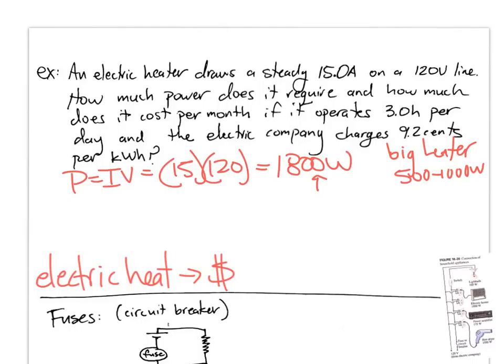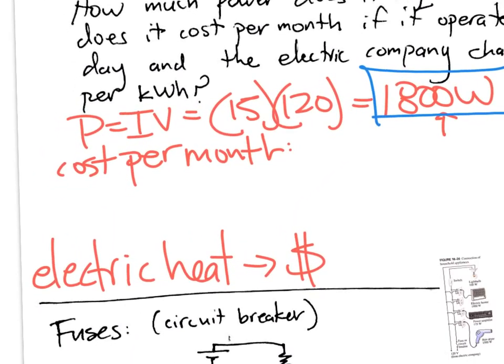So what about the cost per month? What we're looking for is cents over months, and we're going to do that unit conversion. We start with the information we have, which is the power draw of the heater. I'll zoom in for a little more space.